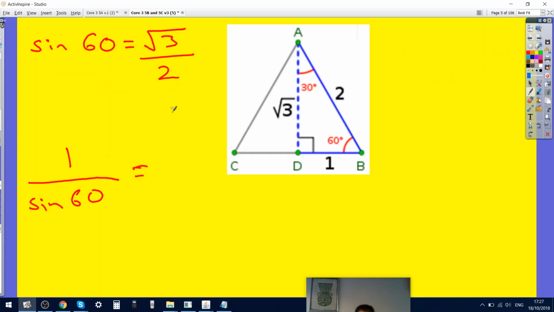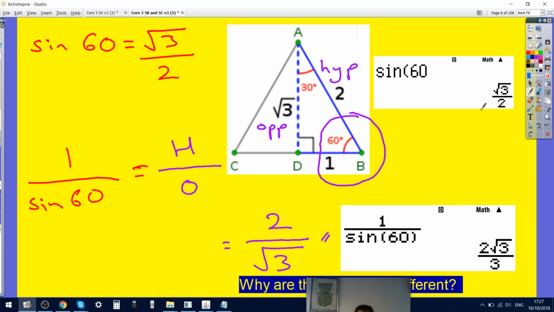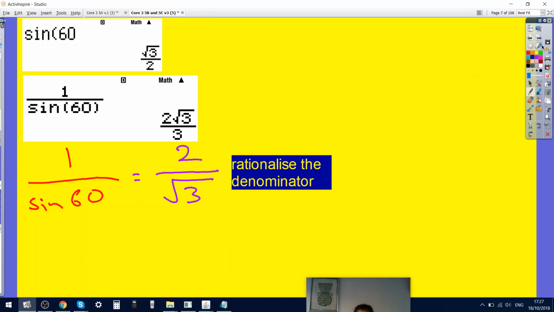Sine 60 is root 3 over 2. 1 over sine 60 is 2 over root 3. Yep. And if you put it into your calculator, it will automatically rationalize the denominator. So it will say 2 root 3 over 3 because it multiplied the top and bottom by root 3.